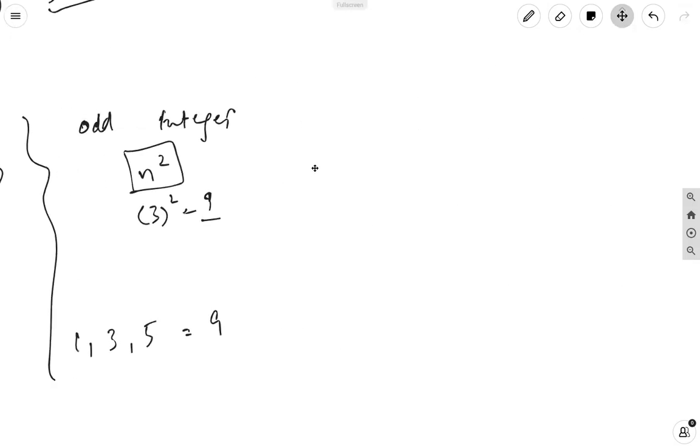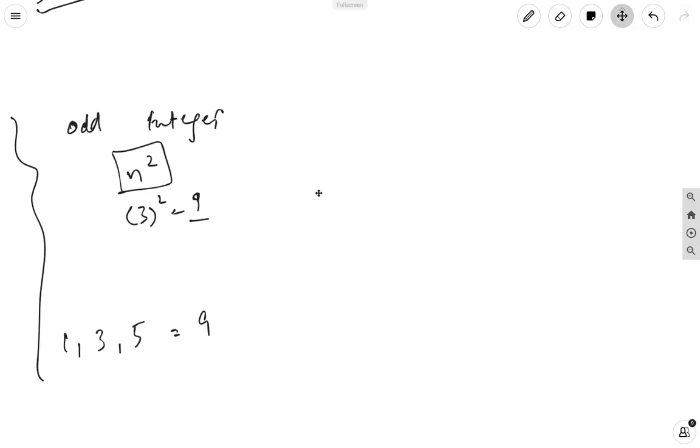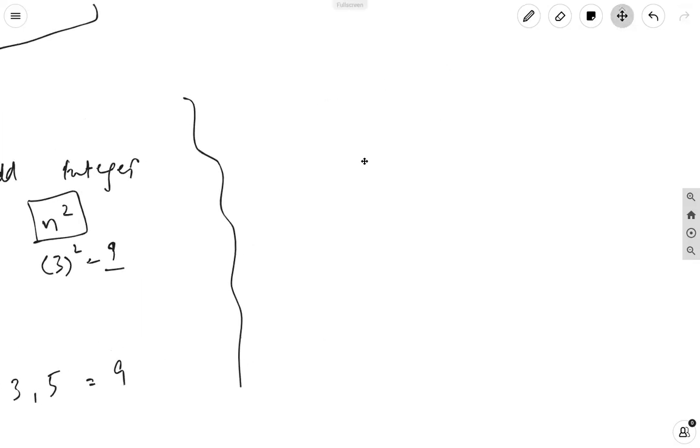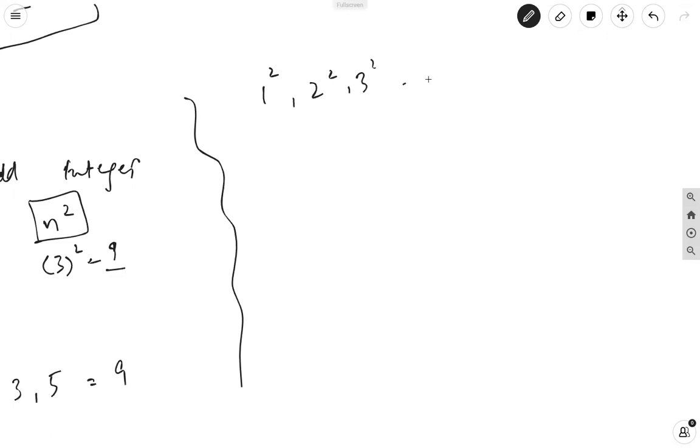Okay, there are 2 more formulas, though there is no such use of these, but just for the sake of information, if you are asked to add the squares of integers starting from 1 square, 2 square, 3 square, and so on, in that case the formula will be n into n plus 1 into 2n plus 1, divided by 6.